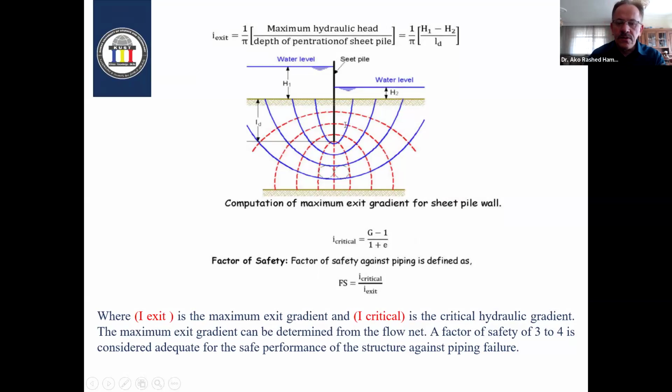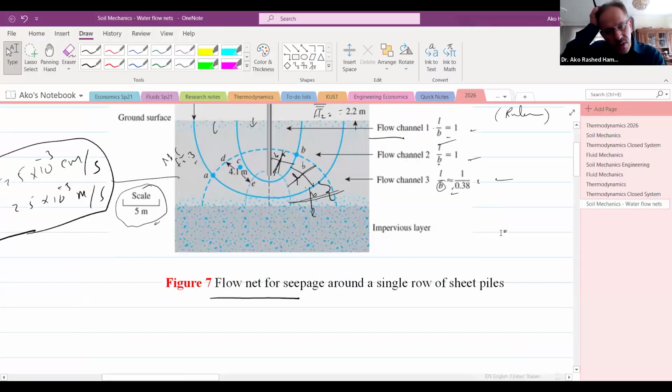we have to check for this one. The length is greater than 1.0, so n is equal to 1 plus 1 plus, what is 1 divided by 0.38? How much? Hello?